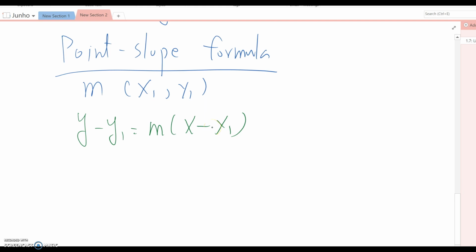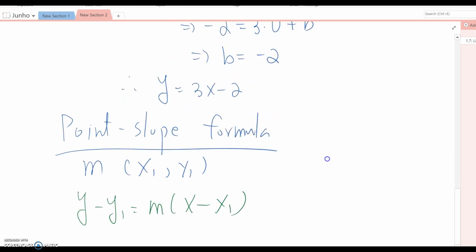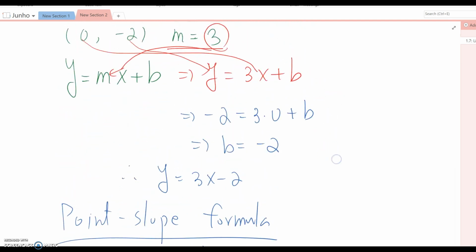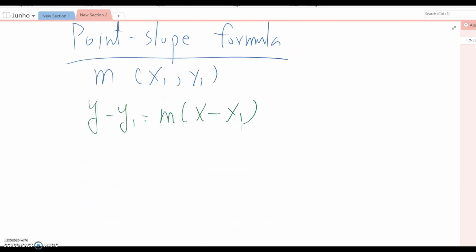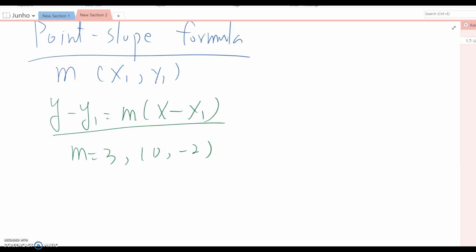From the previous question, we know the slope equals 3 and the point is 0 and negative 2. We want to solve this one again using the point-slope formula. So this is going to be y minus negative 2 equal to 3 times x minus 0.